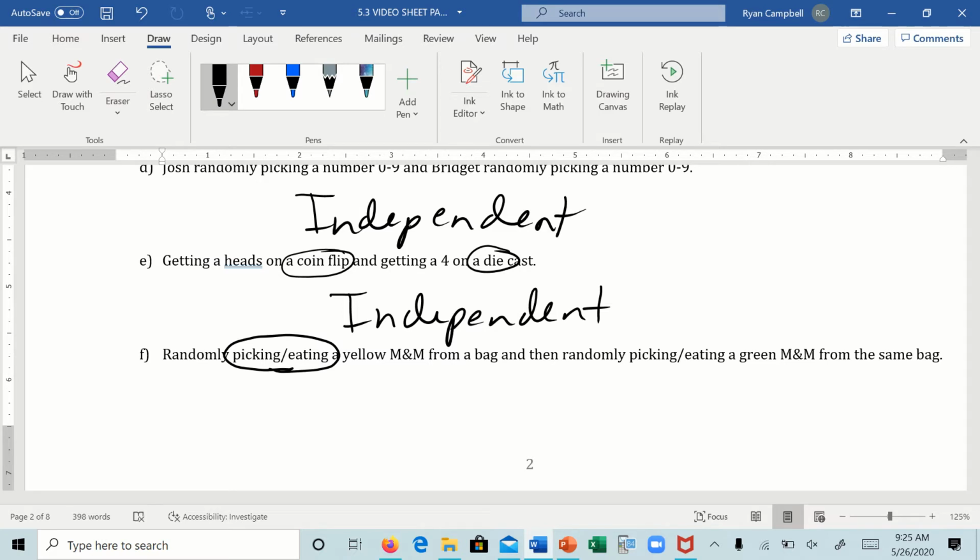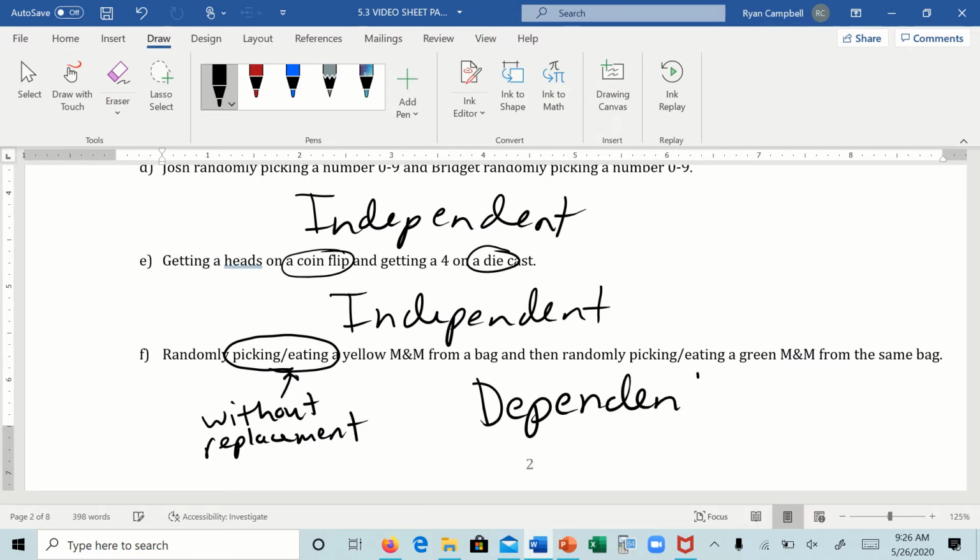If you pick it and eat it, is that going to be with or without replacement? If you're eating it, that's going to be without replacement, unless you're just thinking that you're going to regurgitate it back into the bag, which would be really gross. So since this is without replacement, we're going to have one less M&M from the total, so the probability will be affected. So this will be dependent.